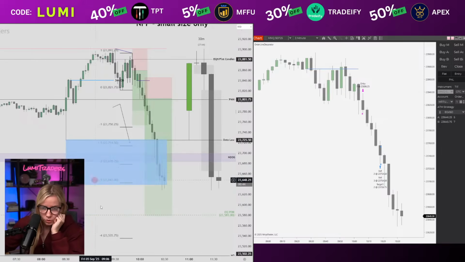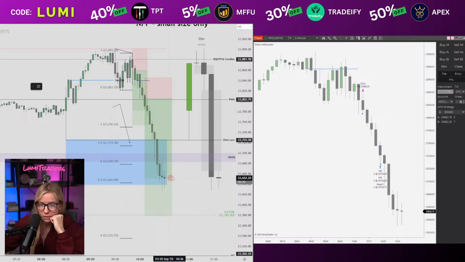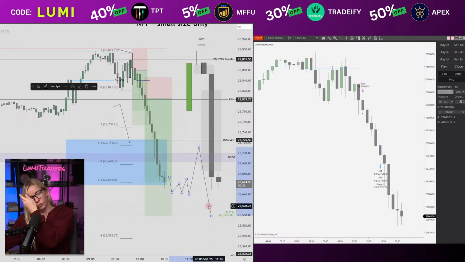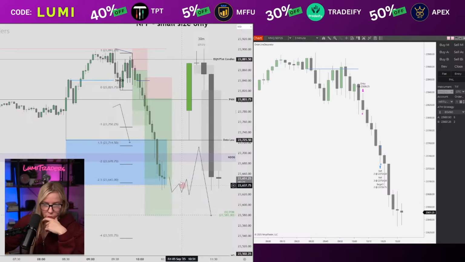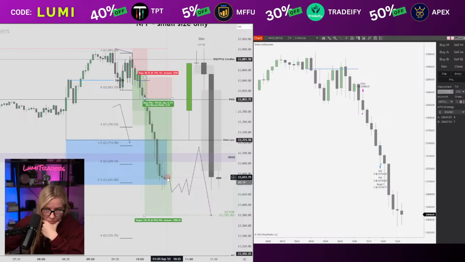Oh yeah, we're stuck at 2 and 2.5. The question is if it's going to consolidate a little bit, pump back to this range, and give another short opportunity to the equilibrium of the previous day range, or we're just going to move straight down.